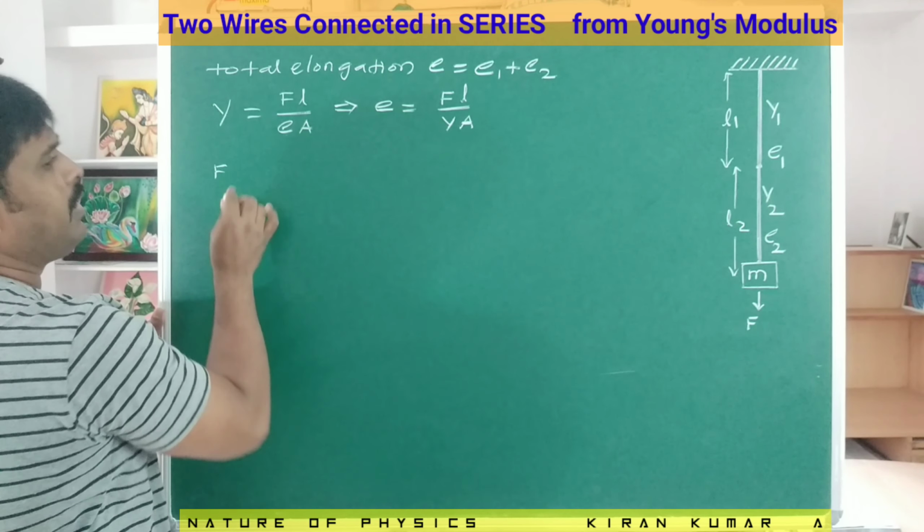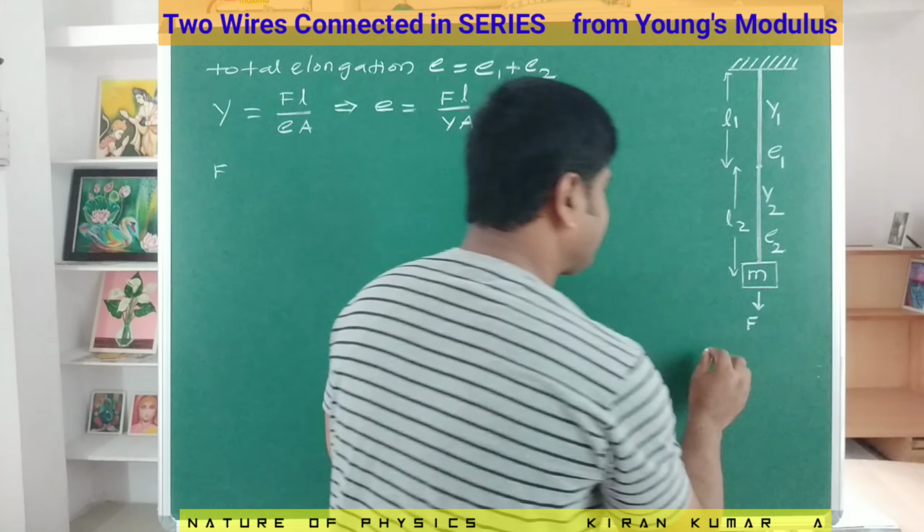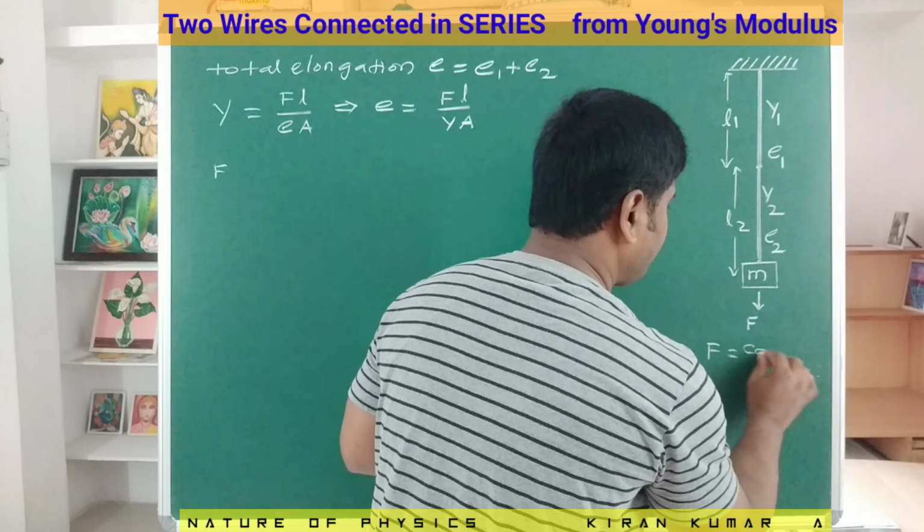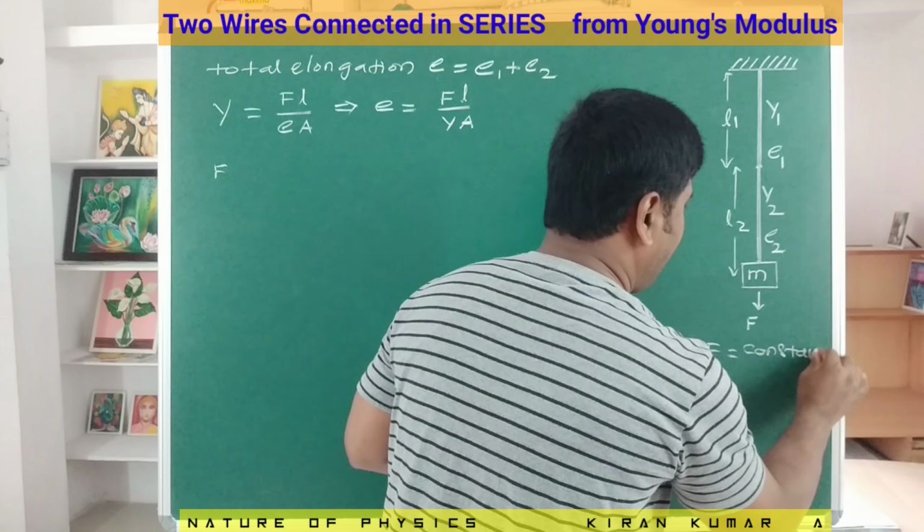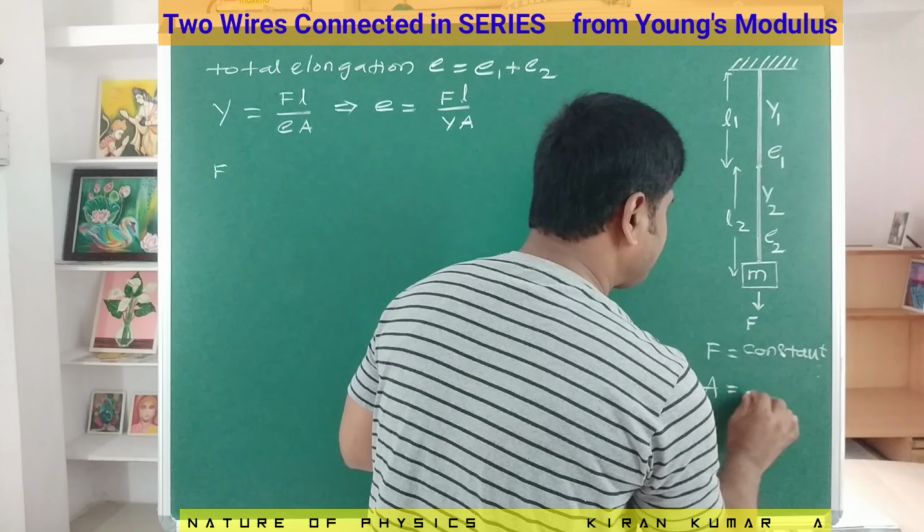Here, remember that force F is constant, and the two wires have the same area.